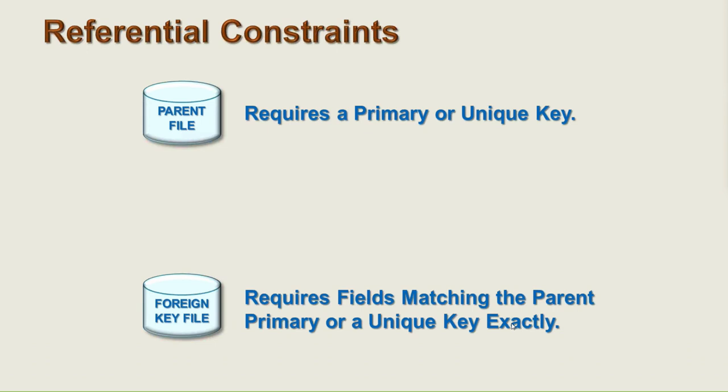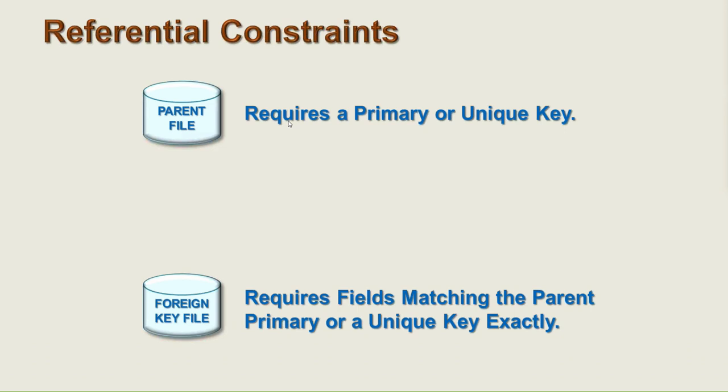They have to match. They do not have to form part of the foreign key file's key, i.e. they do not have to form part of the primary key on this file. They can be anywhere. They can be attributes that are not part of the foreign key file's key. But they must match the parent's primary or unique key exactly in two ways: attribute and sequence.